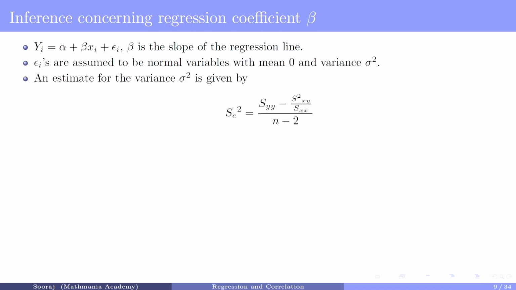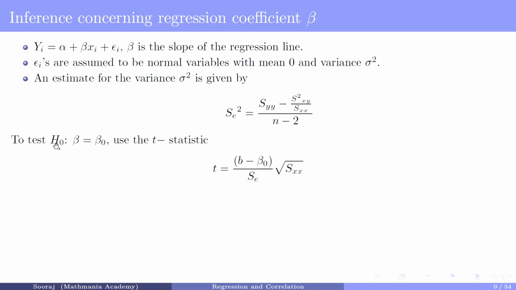So all the basic assumptions and the estimate for the variance sigma square. We assumed the random errors are normal variables with mean 0 and equal variance sigma square. What would be the value of sigma square, for which we have an estimate, Se square, of this form.